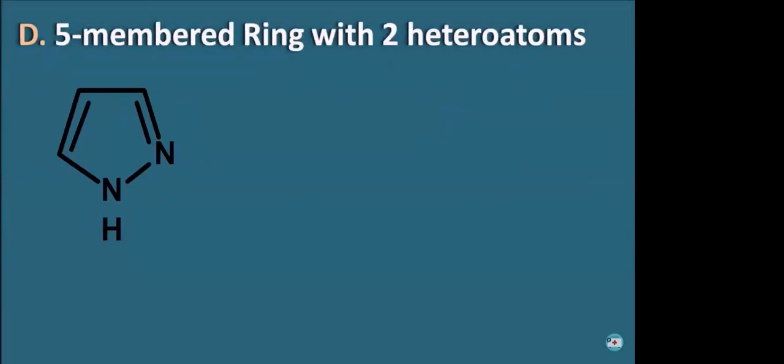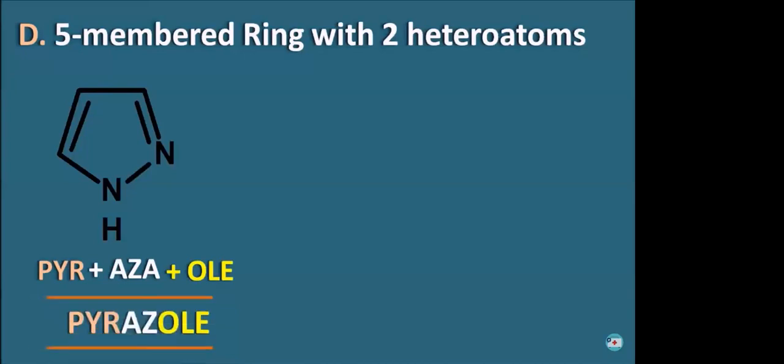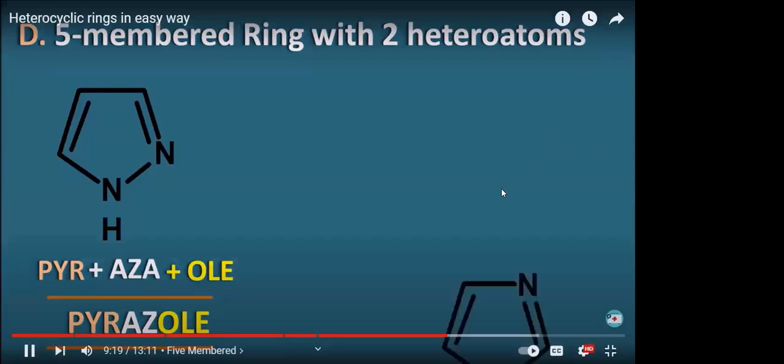So pyrrole has an extra nitrogen, which can be indicated by aza, which can be incorporated in between the ring. So we can write pyr plus aza plus ole. So pyr indicates one of the nitrogens, aza indicates another nitrogen, and ole indicates a five-membered ring system. So now this is pyrazole. So pyrazole is the nitrogen containing five-membered ring system with the nitrogens at the first and second positions.